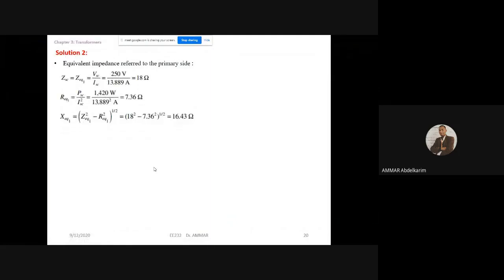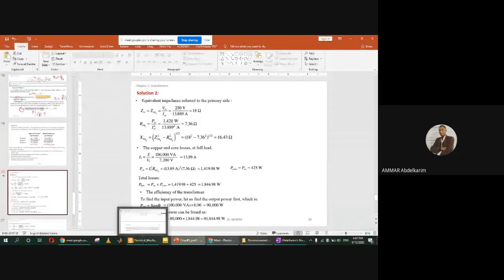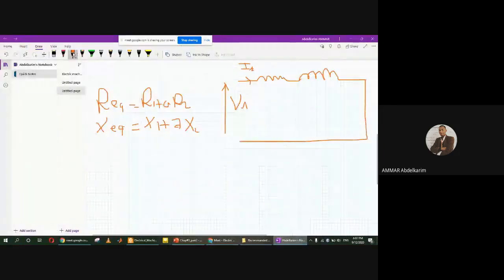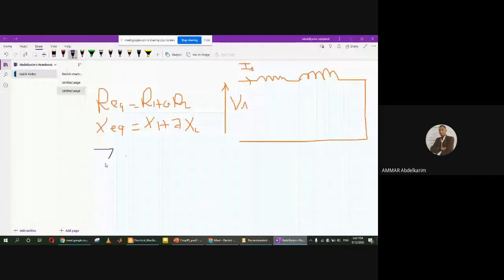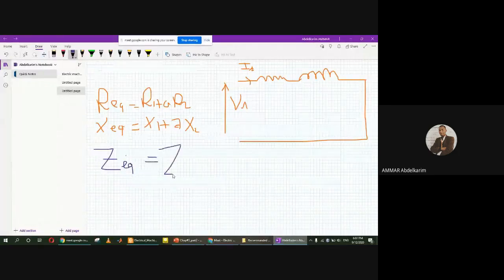Firstly, the equivalent you have proved before, the equivalent impedance, using the measurement in case of the short circuit test, is directly equal to what? Z equivalent measured in the short circuit. Okay, Z equivalent equals to Z short circuit.